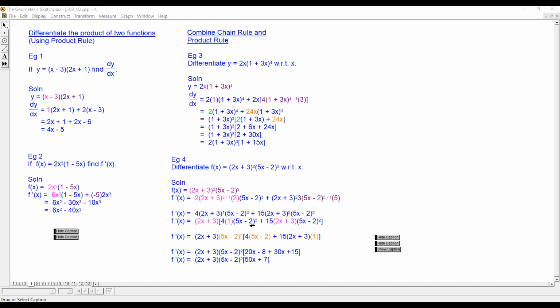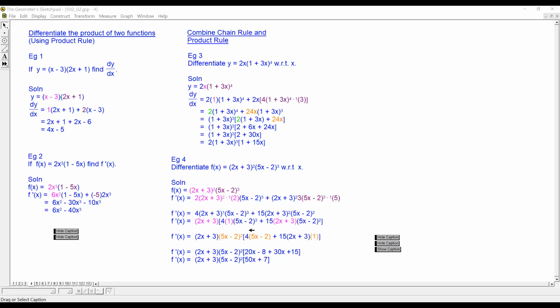Take out power of 2, I'm left with power of 1. This one, copy down. Power of 2 taken out, left with 1. This thing, power of 2, take out, left with 1. Okay, right. So these two brackets, the common factor, I copy down.